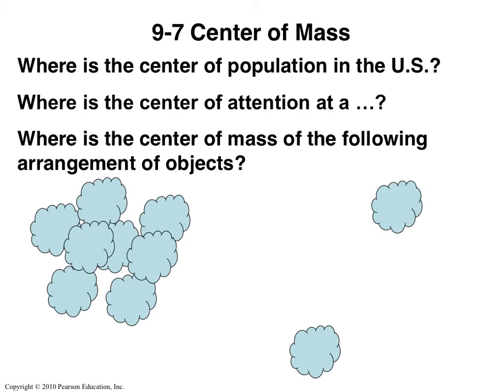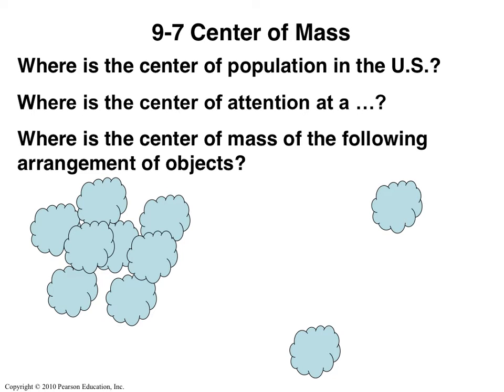So the majority of the people would be there, that's the center of population. So population refers to people. When I talk about center of mass, what quantity am I referring to? Mass.